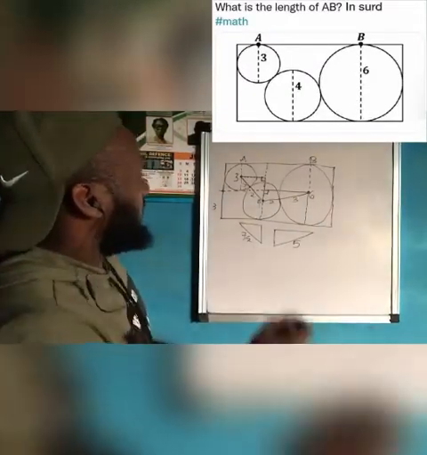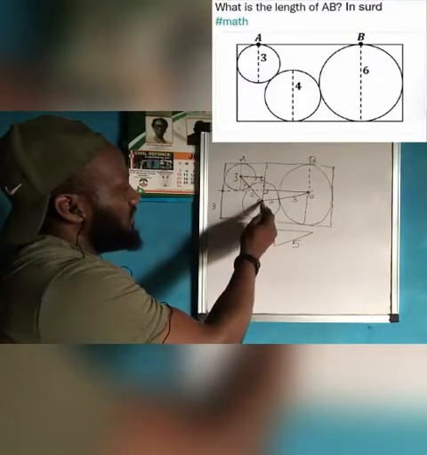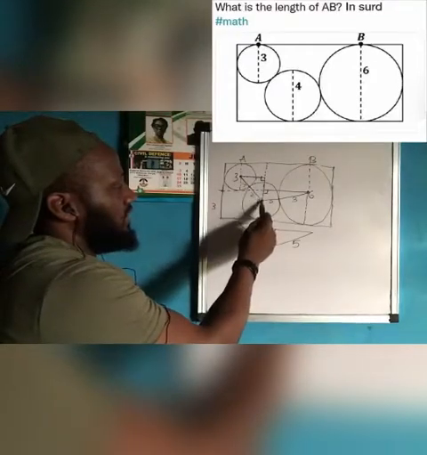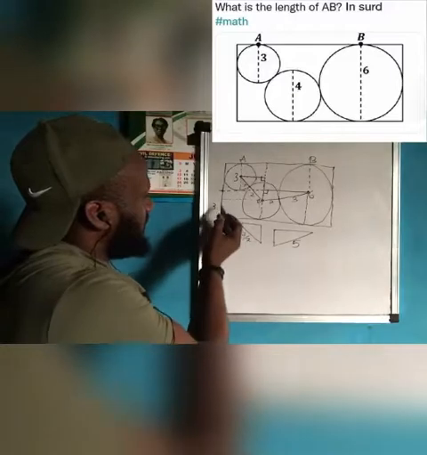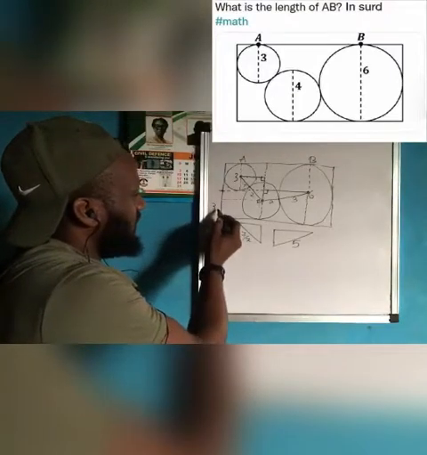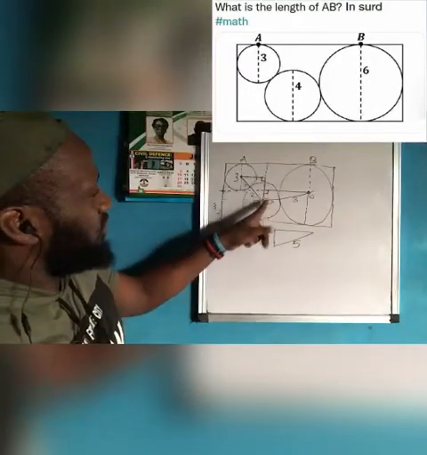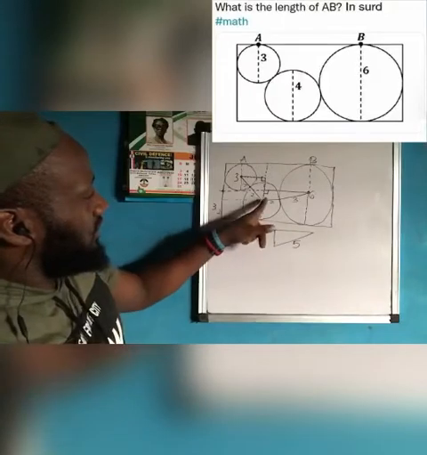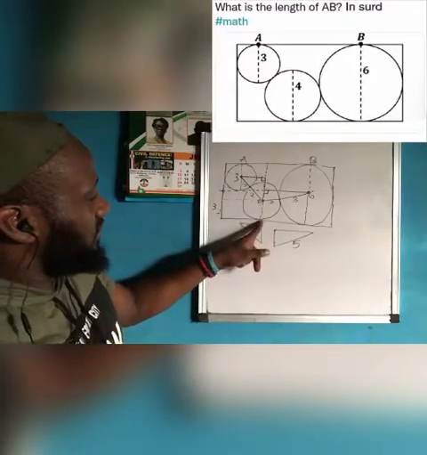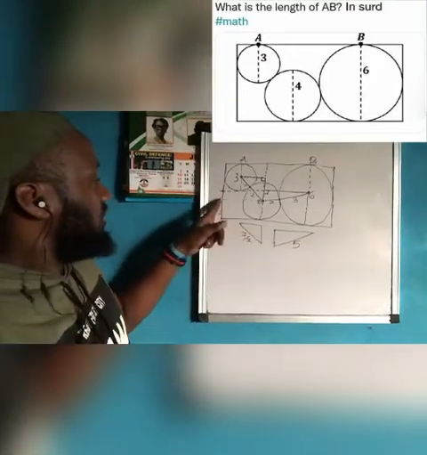Then if we elongate a horizontal line from this one's center to here, we know that the distance from here to here is going to be 2, because that's the radius of this small one. And since it's touching down here, the distance from the center to the circumference touching the bottom of the rectangle is its radius, which is 2, and that will be the distance here.